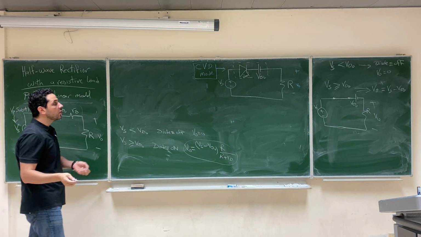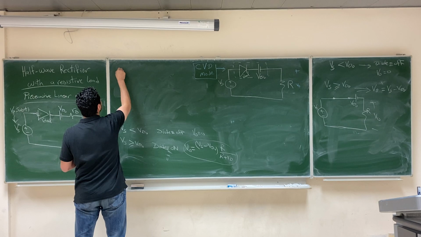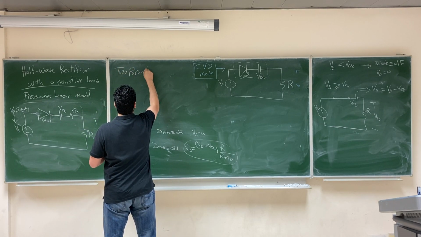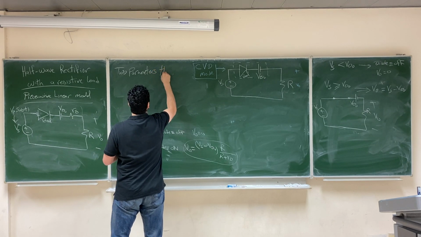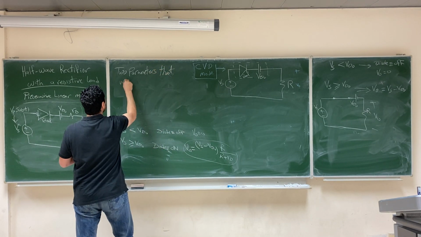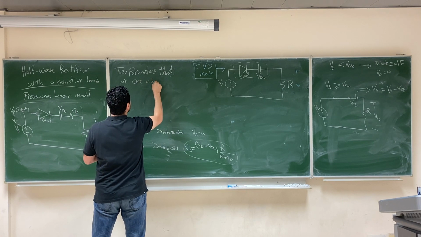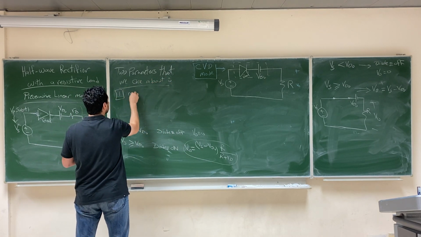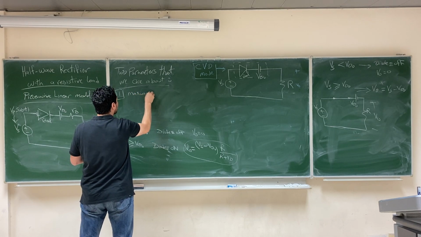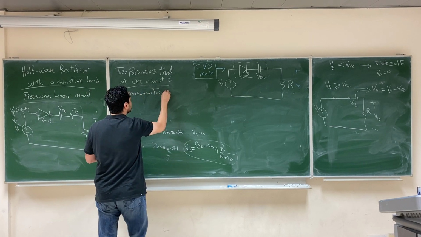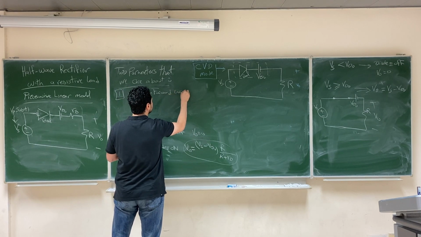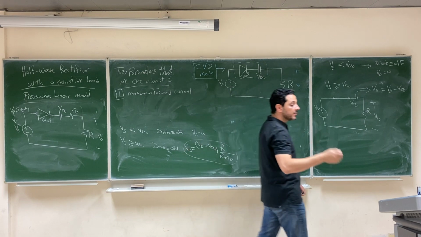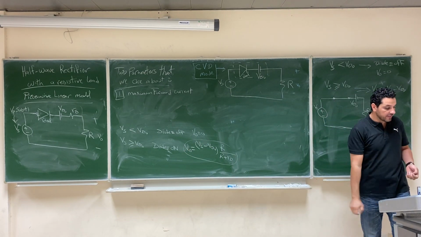So we care about two parameters. First parameter is called the maximum forward current, and the other parameter is called the peak inverse voltage.